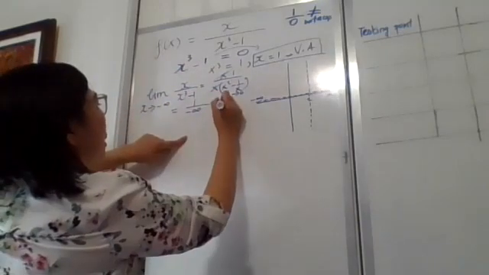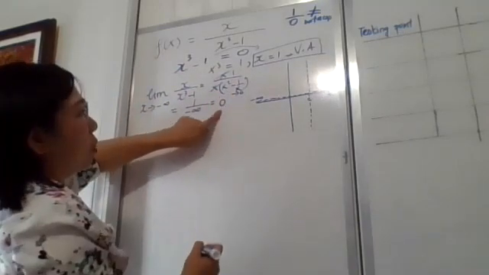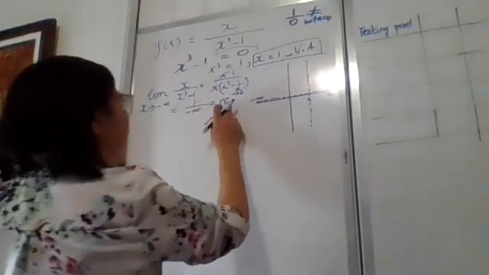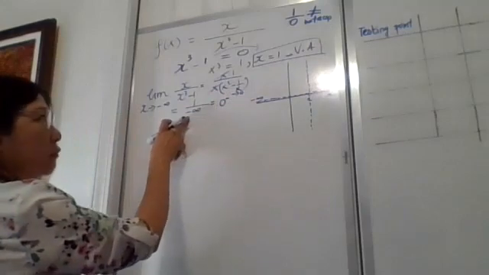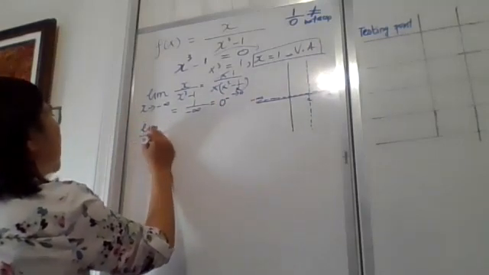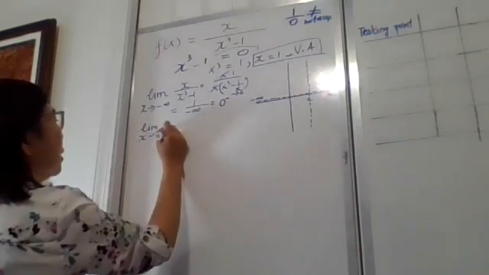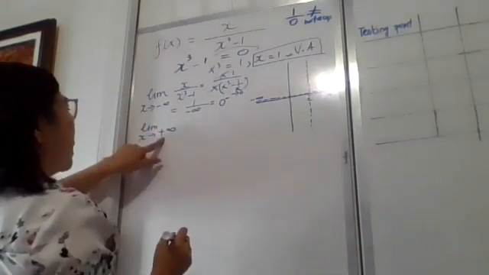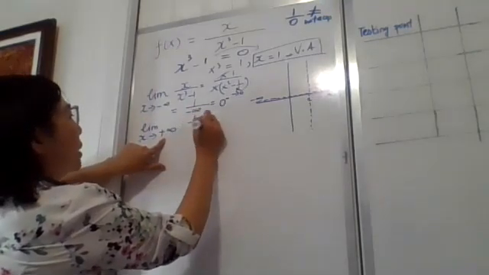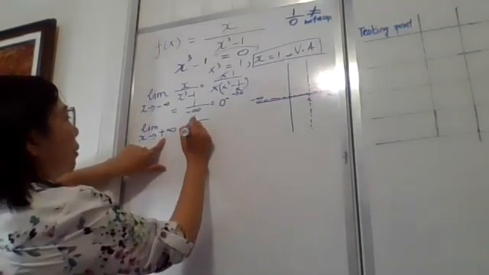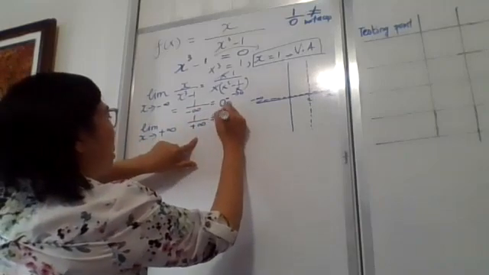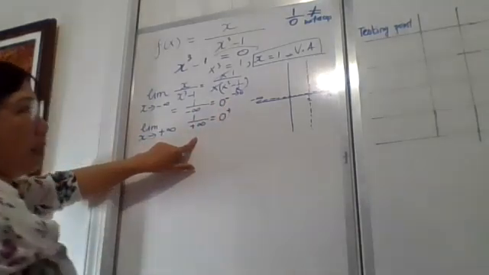It means our horizontal asymptote is 0, but slightly on the left, negative, because we divide by negative infinity. The same, we take the limit when x approaches positive infinity and see what happens. The scenario will be similar, so we have 0 slightly on the right.